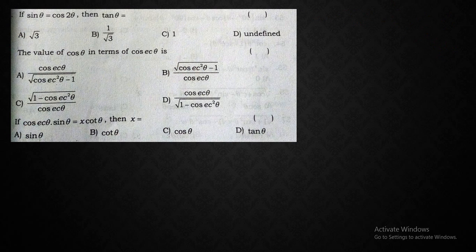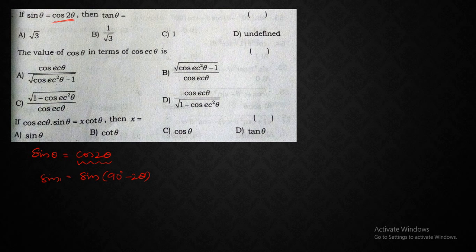Next, moving on to one more question. Sin theta is equal to cos 2 theta. How will you solve this? Now if you observe, how can we write cos 2 theta? Simply I can write it as sine of (90 minus 2 theta), right?